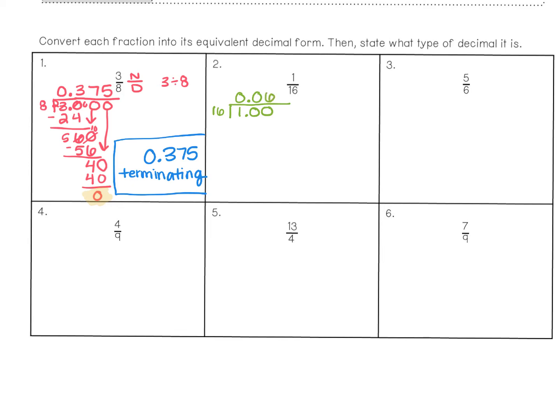It fits into 100 6 times. And 6 times 16 is 96. Of course, 100 minus 96 is 4. I'm going to add that next 0. 16 goes into 40 twice, and 16 and 2 multiplied together will give me 32.